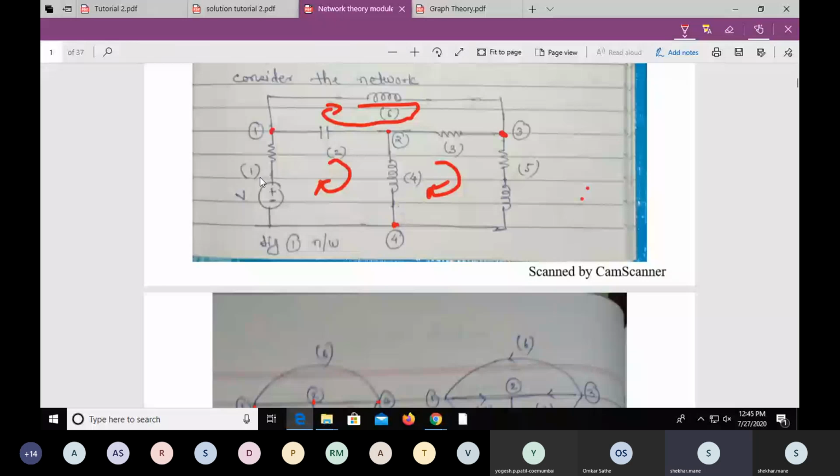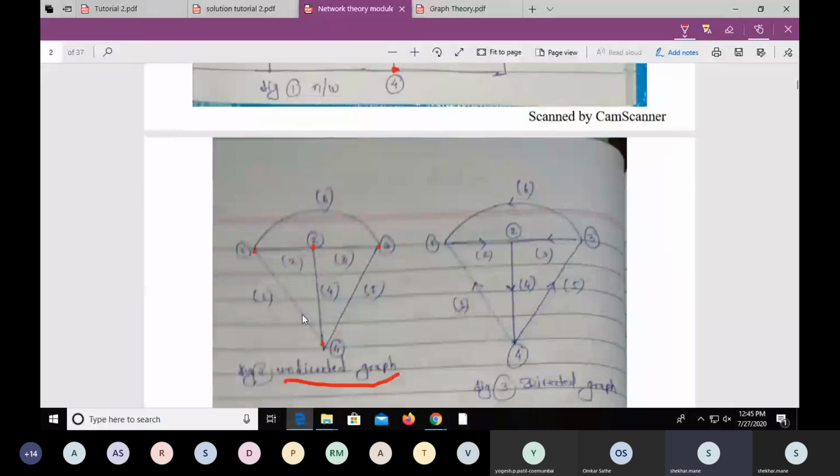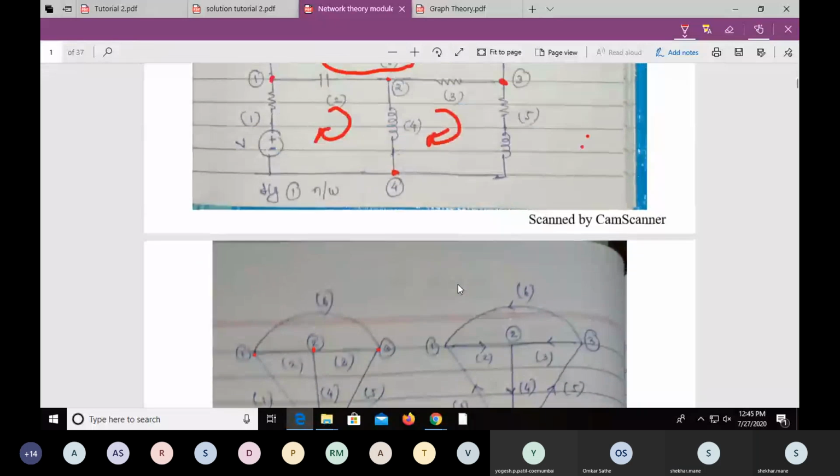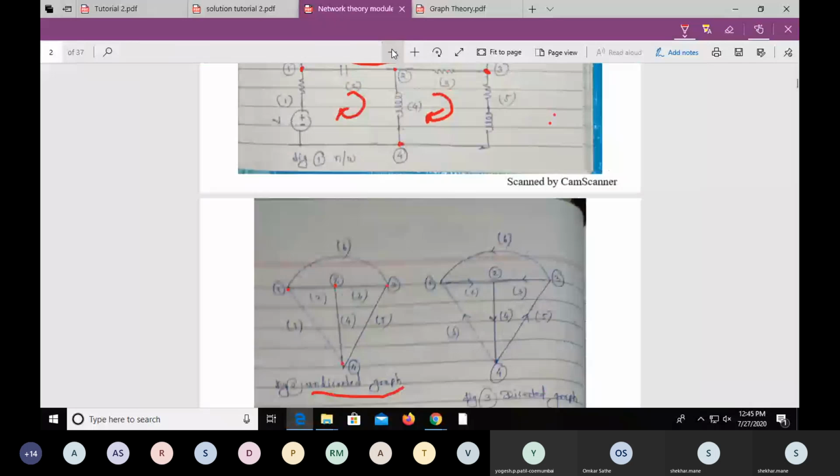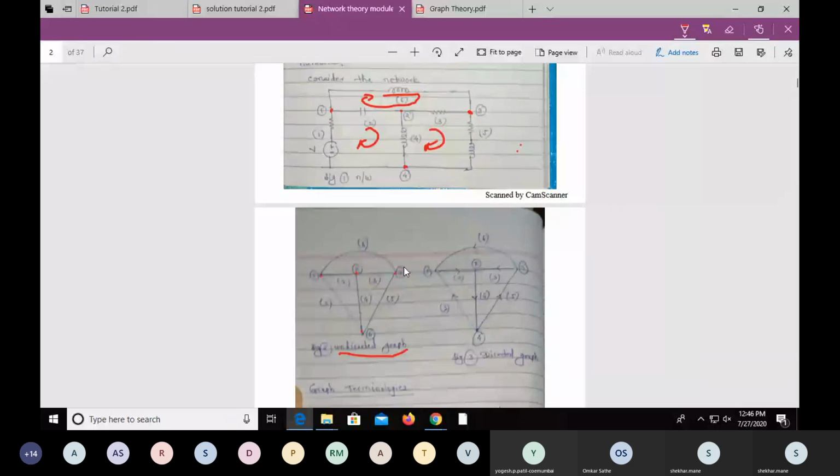So from 1 to 4 there is line number 1. You can see here. Between 1 and 4, line number 1 is there. Between node 1 and 2, line number 2 is there. The number in brackets is the line number.